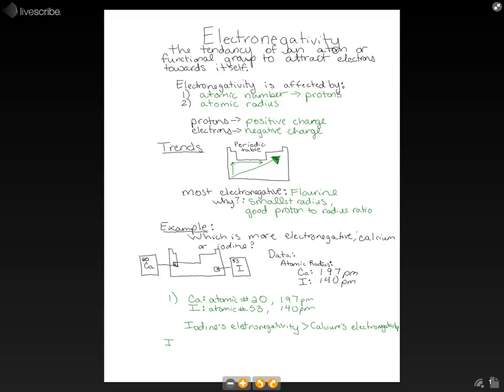And this is because iodine has more protons or positive charge, and it also has a smaller atomic radius.